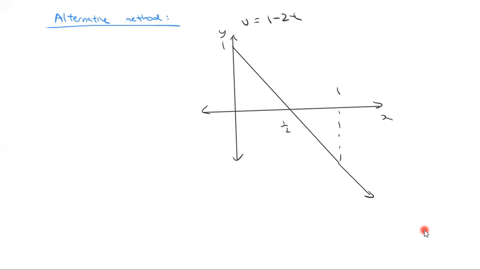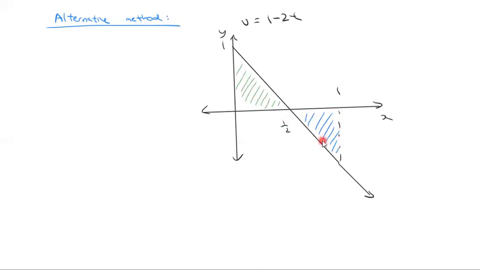Now, remember, what is displacement as far as velocity is concerned? The integral, which is the area. So can you see here that the green area and the blue area cancel each other out? If we're talking about displacement, they would cancel each other out. But because it's distance, they're both positive. This is moving some distance and this is moving some distance.